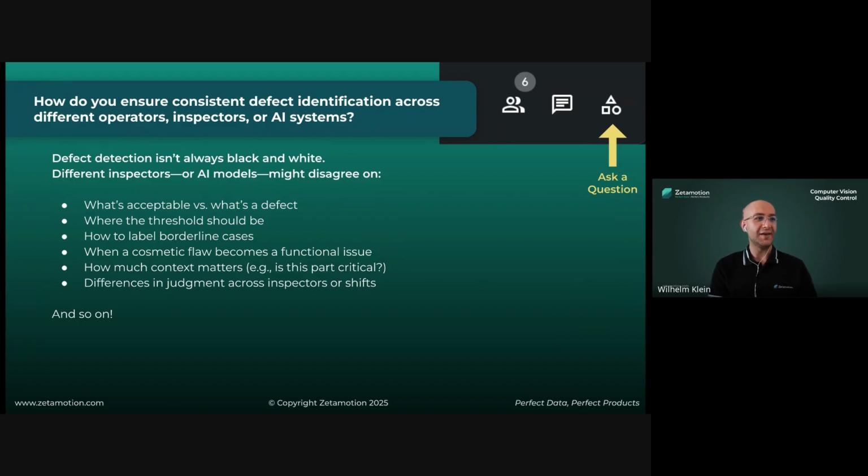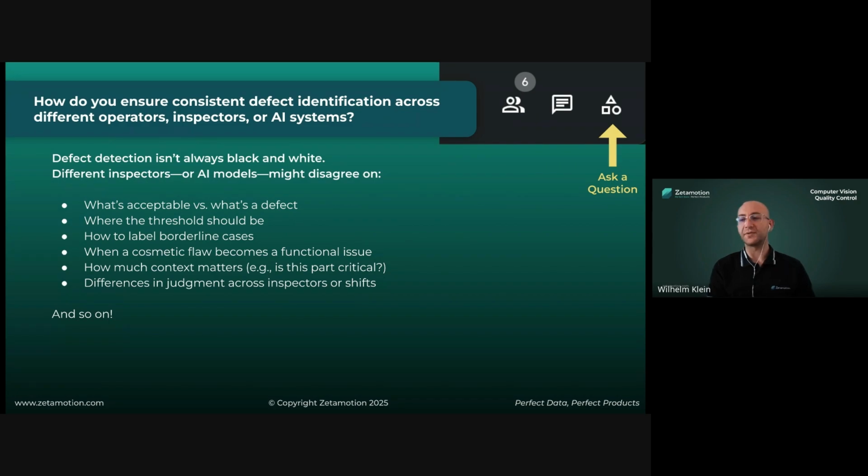Right. So the human variable is really quite problematic, and having this kind of independent arbiter can be really quite useful. So what we can offer, for example, is having multiple inspection systems.